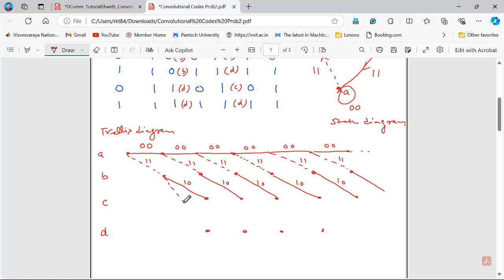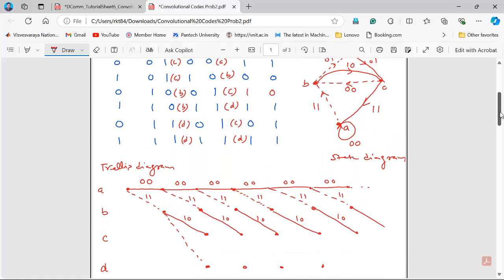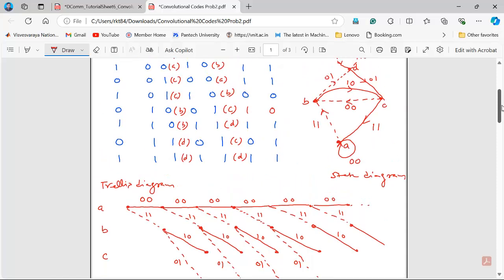What is the value? B to D, it is 0, 1. Again B to D, 0, 1, like this. So two nodes are completed.